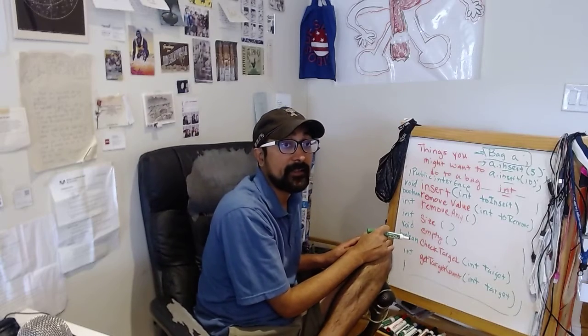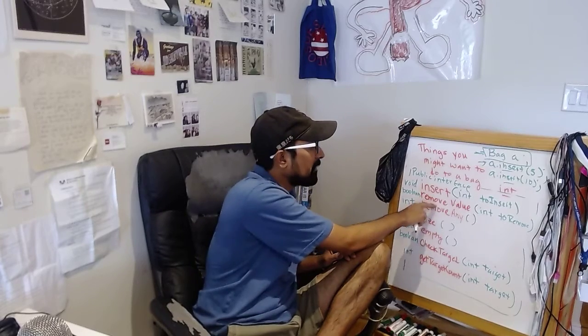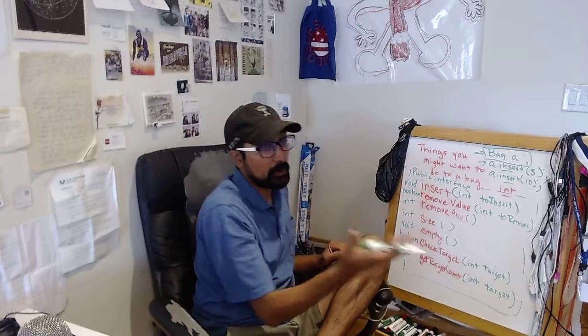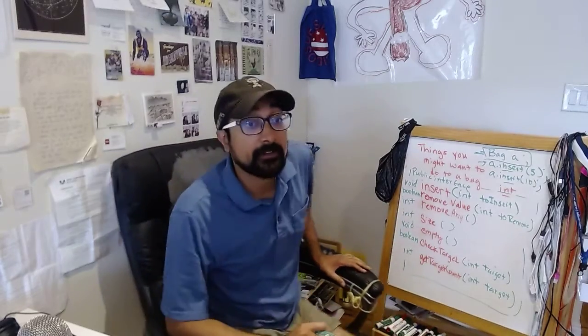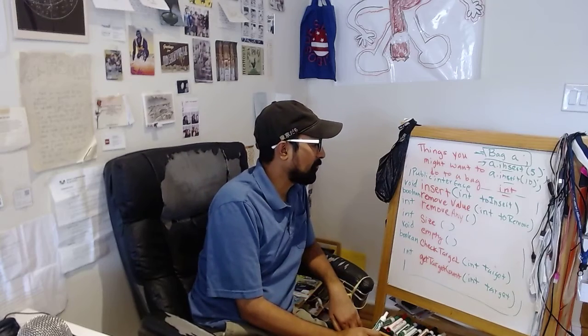I don't have to understand anything about the bag class. I just have to understand how to use the public functions. I don't have to look inside the bag class, and vice versa. Someone can make a class that you use, and you don't have to understand the ins and outs of it.